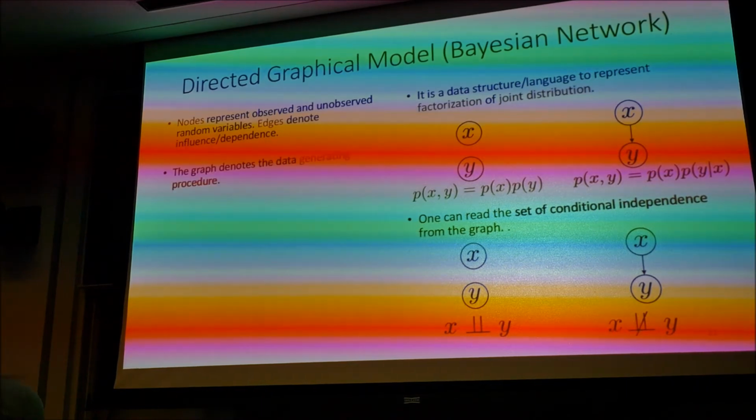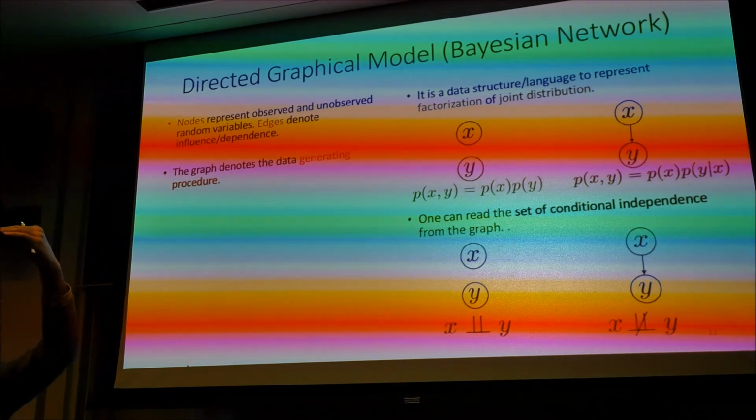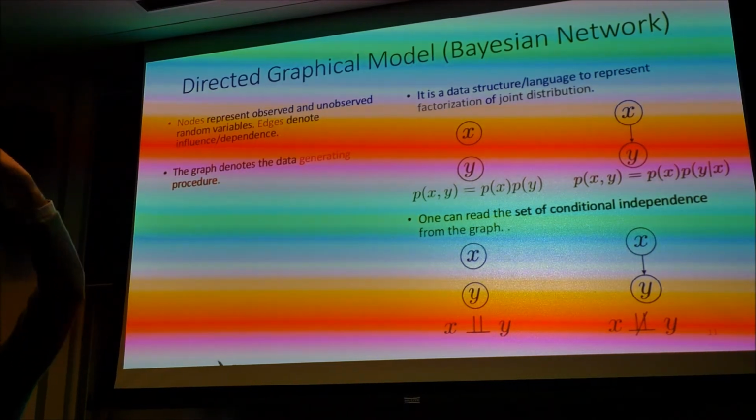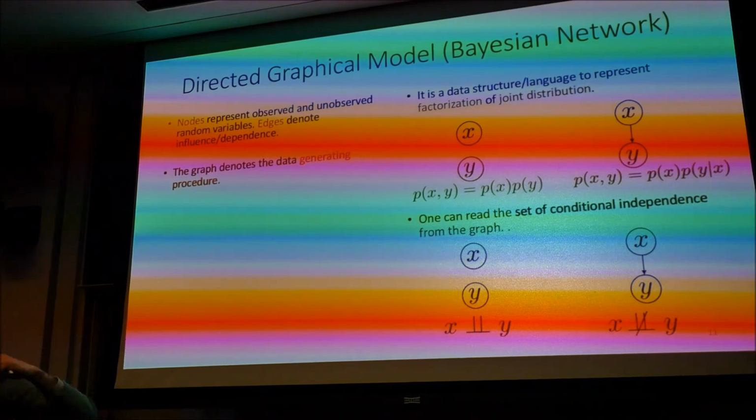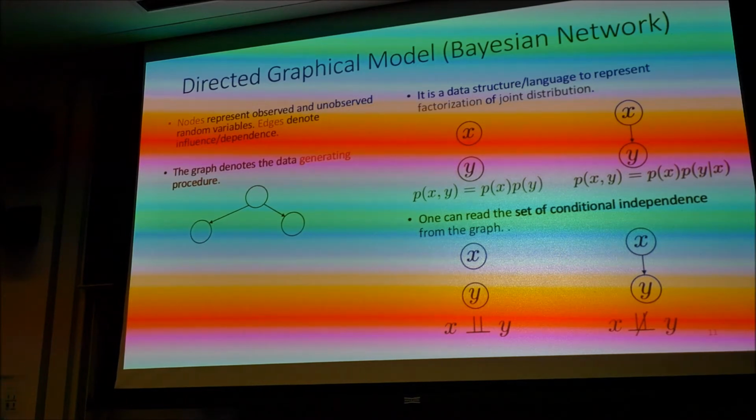Another advantage of a directed graphical model is that you can view it as a way to generate data. You can start from the ancestors, which are basically the nodes on the top, and follow the chain of command in the Bayesian network and generate data. Here is an example. Let's say that this is the grandparent of all of these nodes, and it has two children. You can sample from that node, put it in the conditional, and sample from these two.